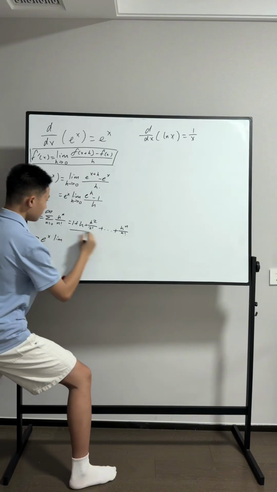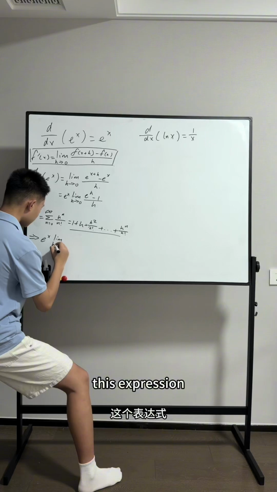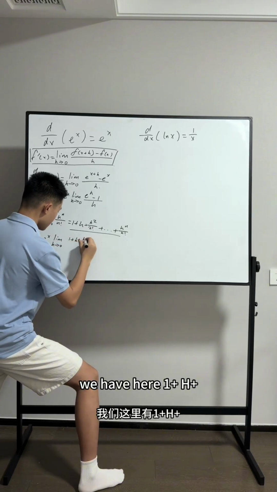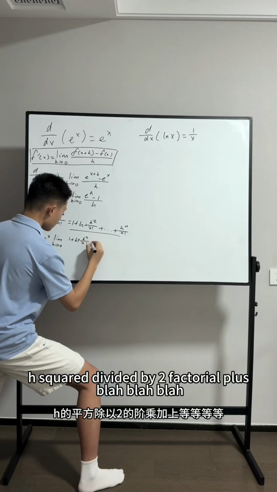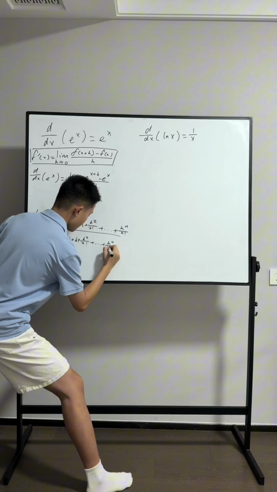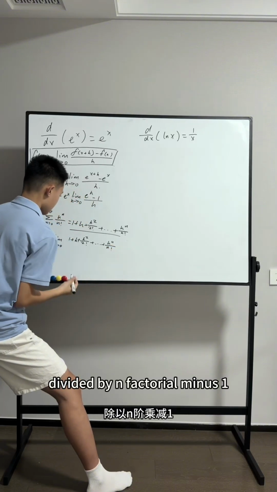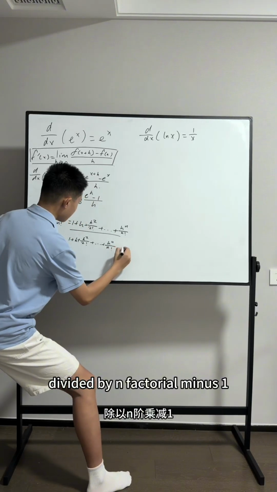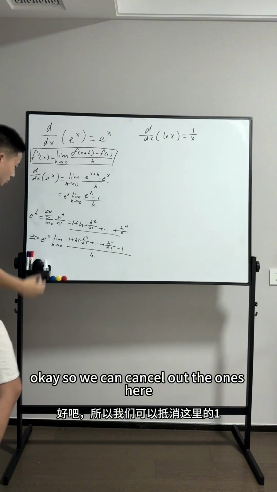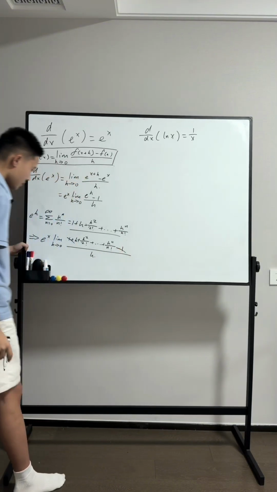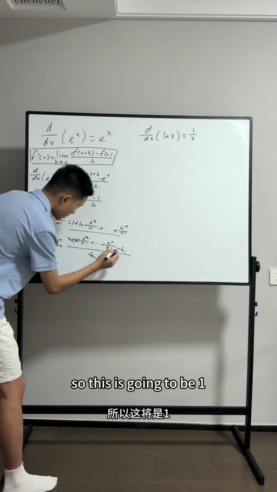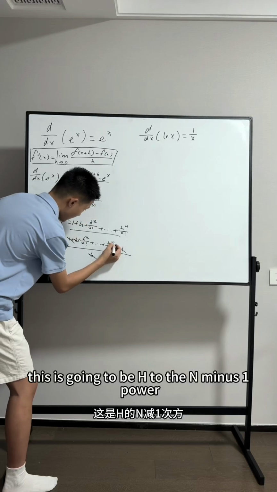substituting this expression we have here, 1 plus h plus h squared divided by 2 factorial plus blah blah blah plus h to the n divided by n factorial, minus 1, all divided by h. Okay, so we can cancel out the 1's here, and we can cancel out the h's here. So the first term is going to be 1, and the last is h to the n minus 1 powered.